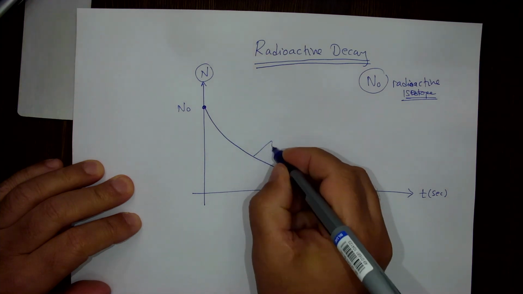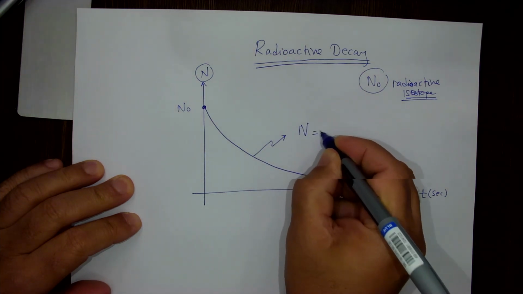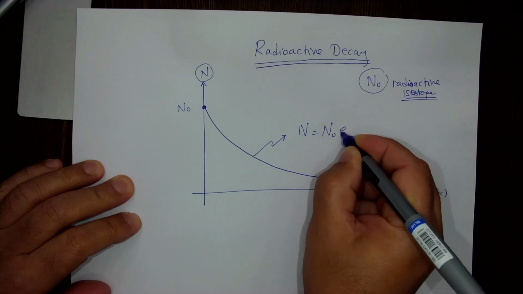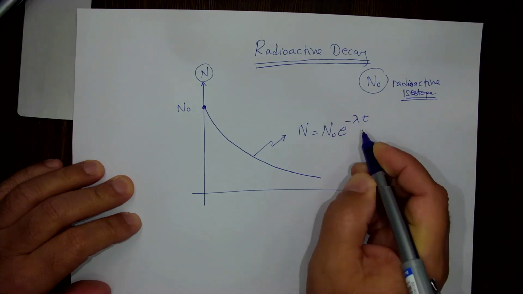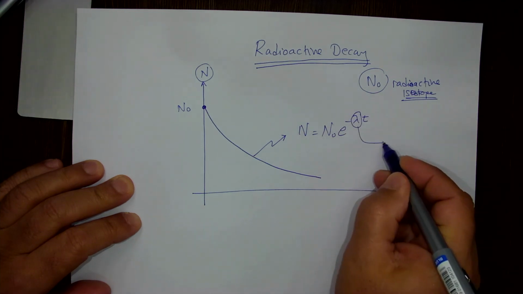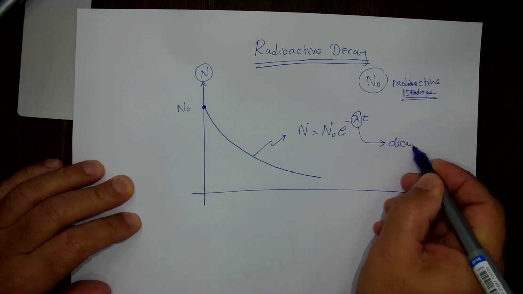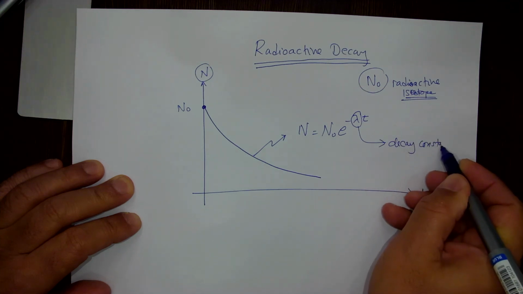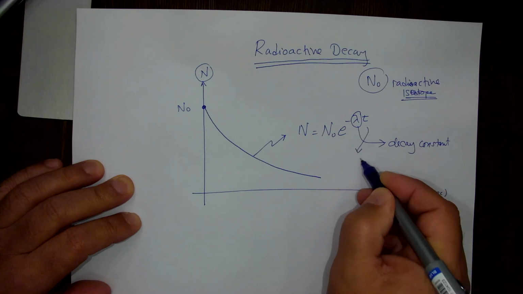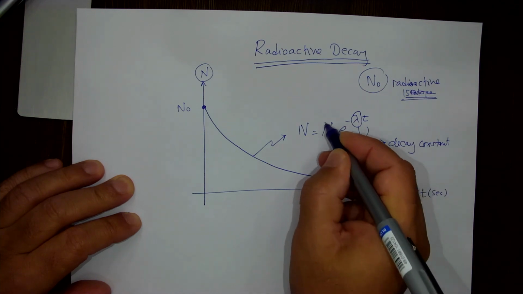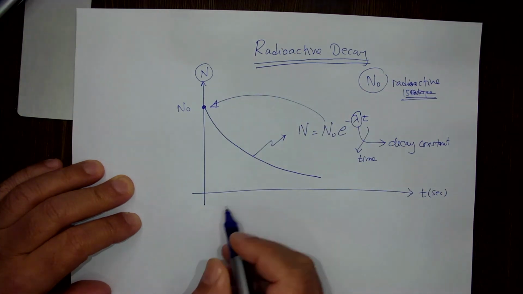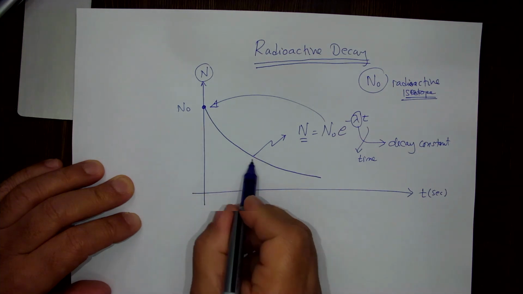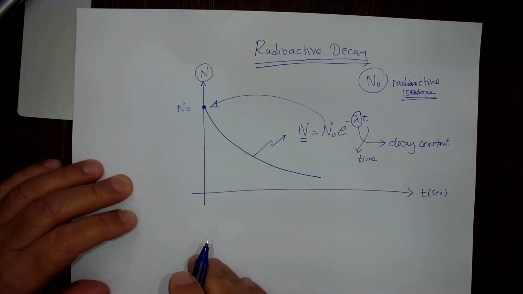And we said this is described by this expression, N is equal to N0 e to the minus lambda t. Now lambda, we said, is called the decay constant, okay? And t is the time. N0 is the initial number of particles, and N is the number of particles at any point in time.